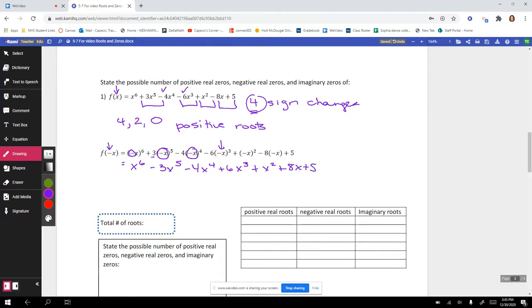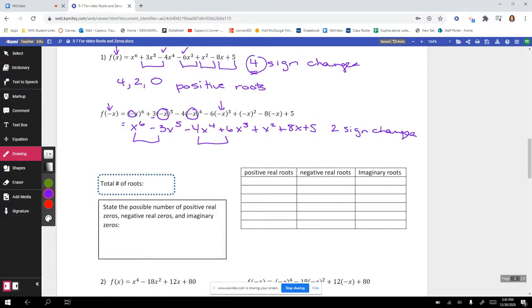So now again, we're going to check the number of sign changes. We have a sign change here, a sign change here, and then that's it. So we have 2 sign changes. Now, because of that, we could have 2, or again, because of Descartes' rule of signs, 0, as we go down by 2 negative roots.